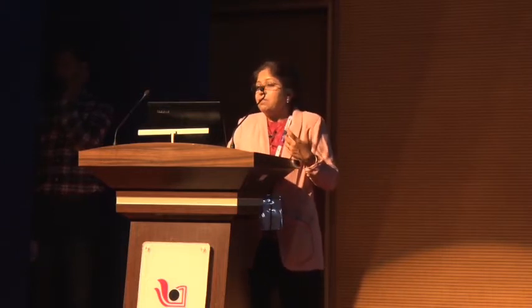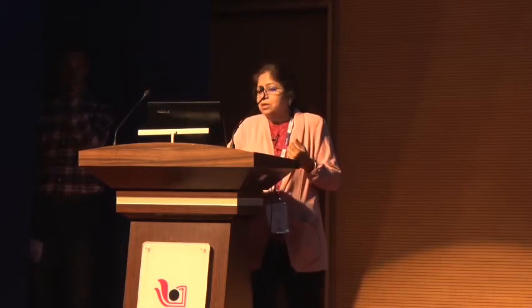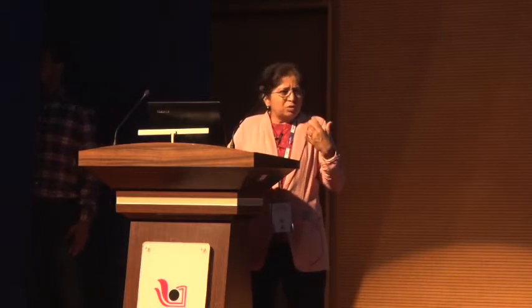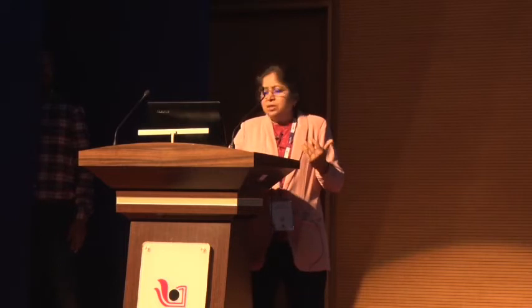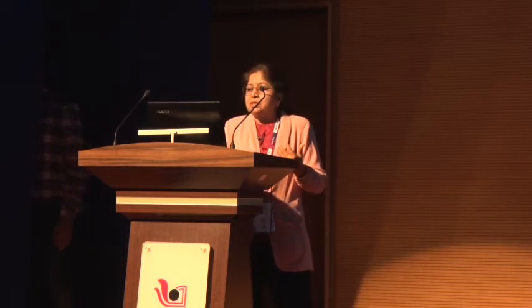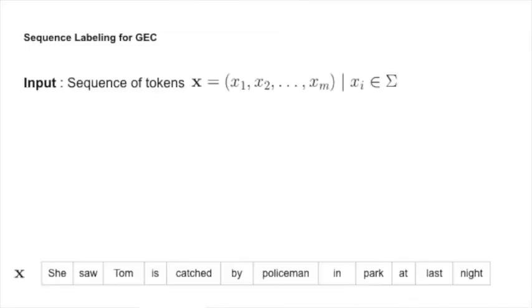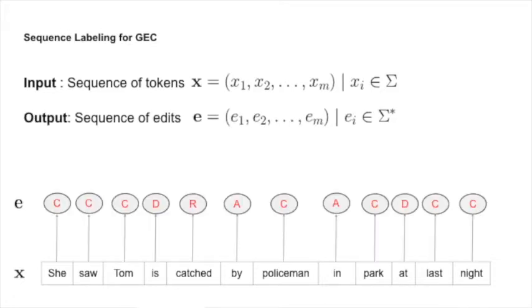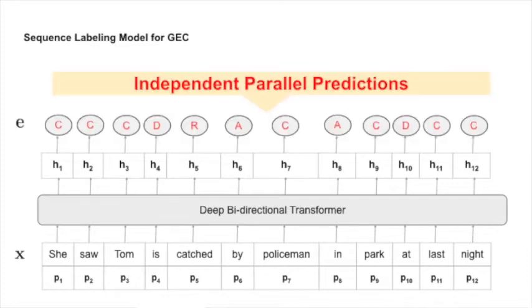By converting grammar error correction into a sequence labeling task, we are able to create more efficient networks, and we can learn with a smaller amount of data. I showed you that complicated model which was used for sequence to sequence learning for a translation task, whereas for the sequence labeling task we just have one neural network layer which takes our input sentence and generates an embedding of the word in the context of the sentence, and using that we just predict the edit command that can be applied on each of these words to generate the correct sentence.